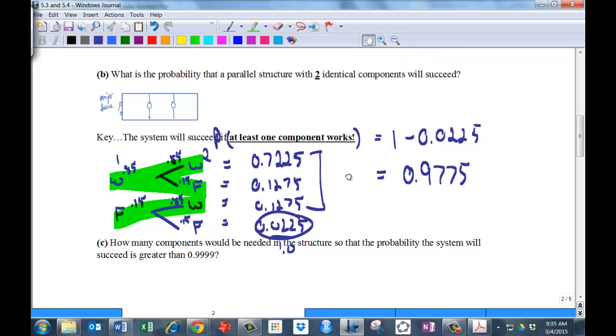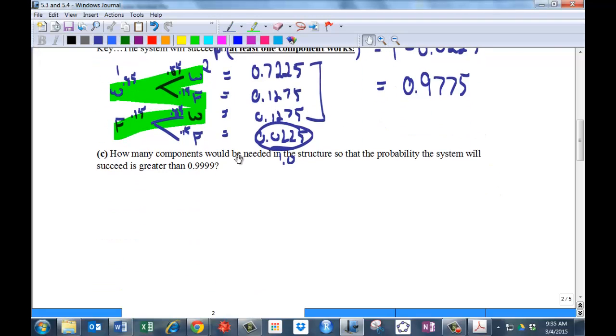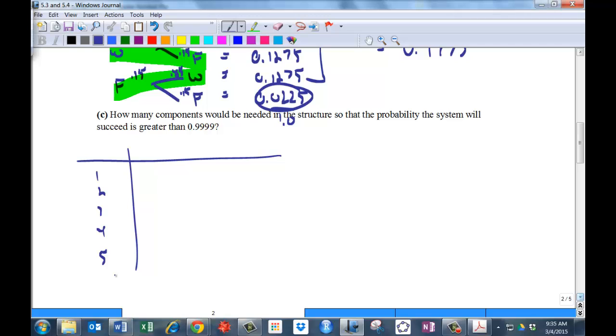Okay. All right. So lastly, how many components would be needed in the structure so the probability the system will succeed is greater than 0.999? Well, the easy way to do this is just to make a table. So you just make a table: 1, 2, 3, 4, 5, and we might need to go maybe one more, don't know.